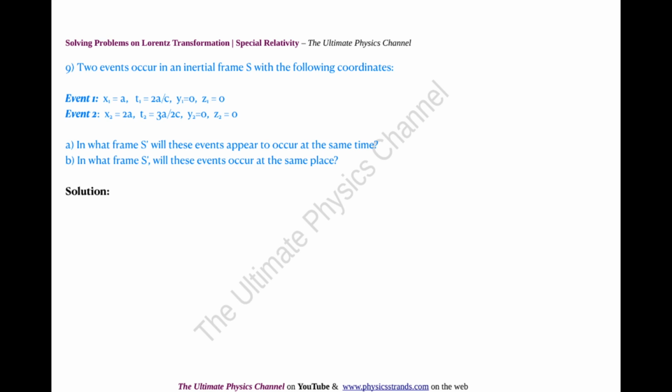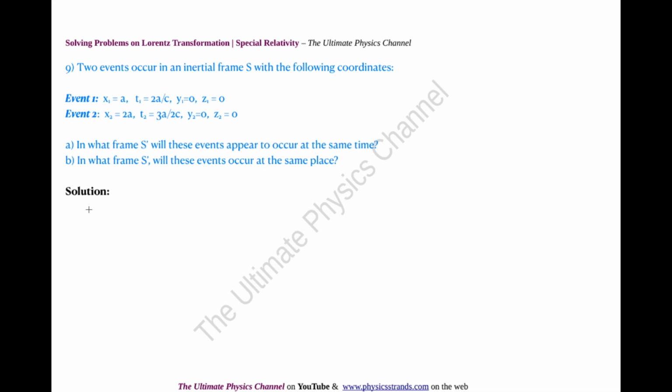So two different conditions are provided here. Event 1 and event 2, two events are occurring. Now we have already seen in another situation that the differences are taken generally as del x between two frames, two events, that is 2a minus a. So I can use that idea here and try to solve this one.